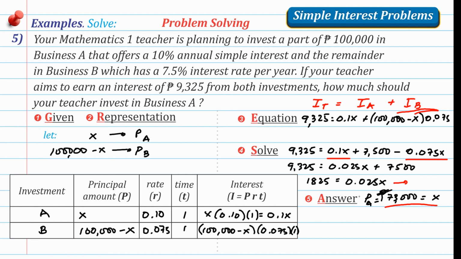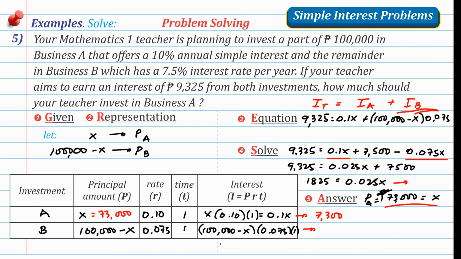That's the answer. Now, of course, we can always check. Let's look at the interest sa bawat isa. So, substituting, we have 0.1. Ano yung X natin? 73,000. To get that, it's 0.1 times 73,000. It's 7,300 kita from Business A. Easy. Now, how about sa Business B? So, kung 73,000 yung nasa A, 100,000 minus 73,000 is 27,000.